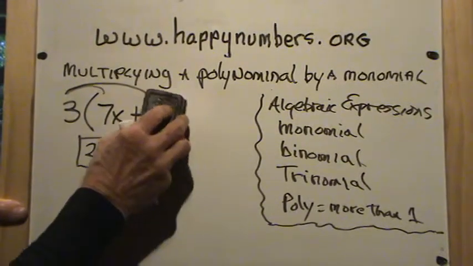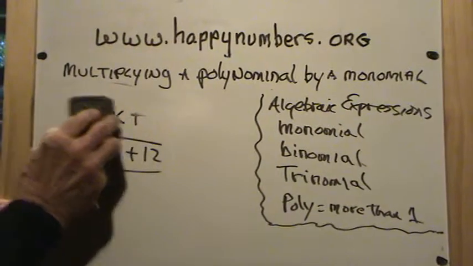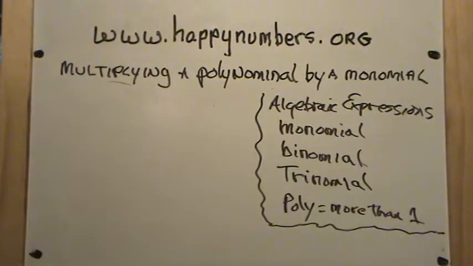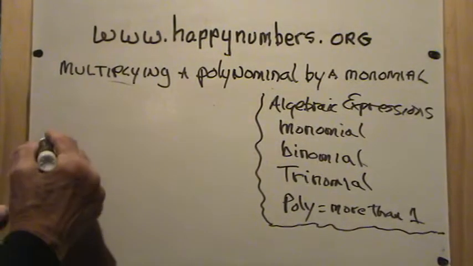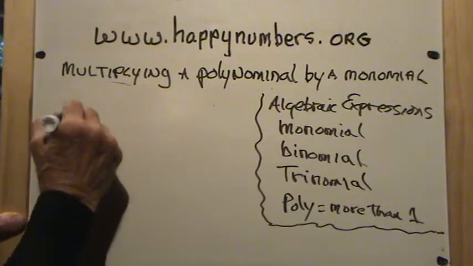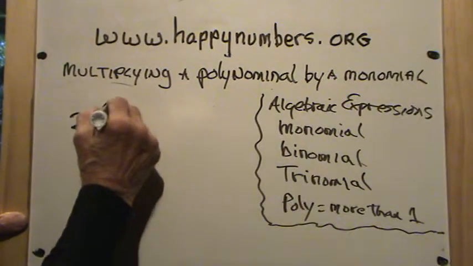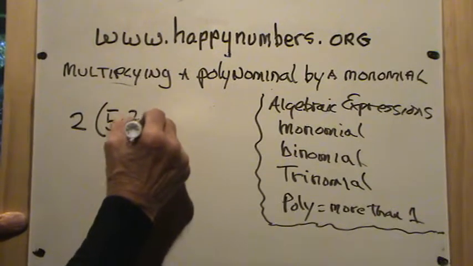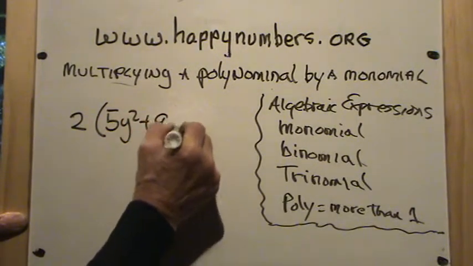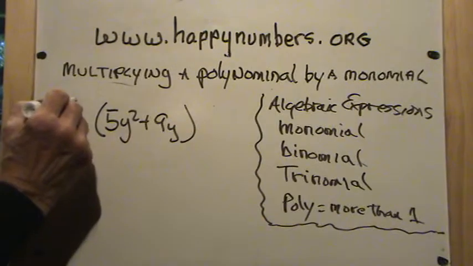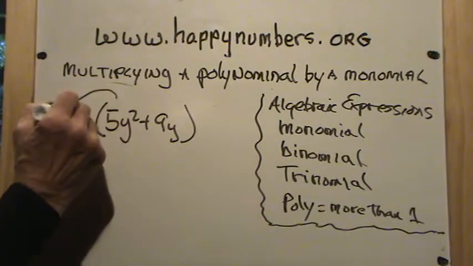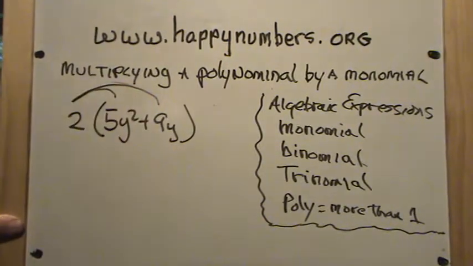Let's take a look at one that looks like this. Again, this is an easy type of problem. Let's take 2 times 5y squared plus 9y. Again, we multiply coefficient times this, and then the coefficient times that.